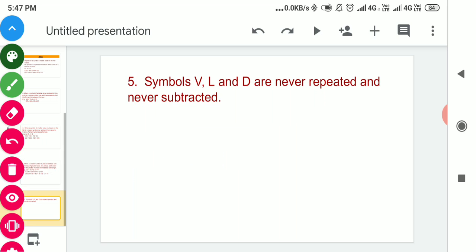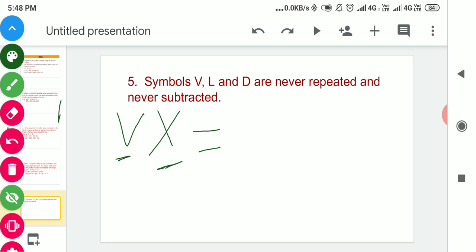So here, if V and X are given, V is smaller than X and it is placed to the left of the value X. So according to rule number 3, we have to subtract.